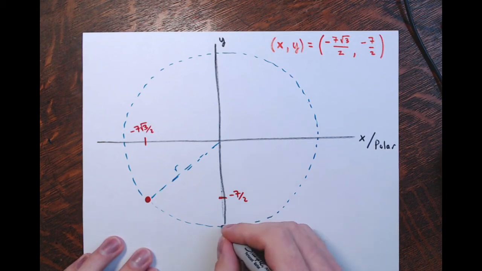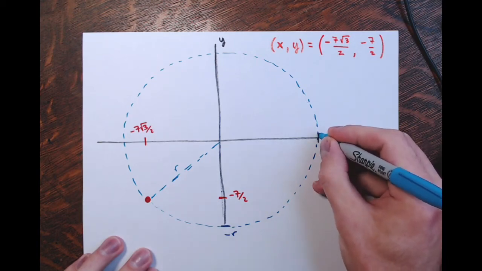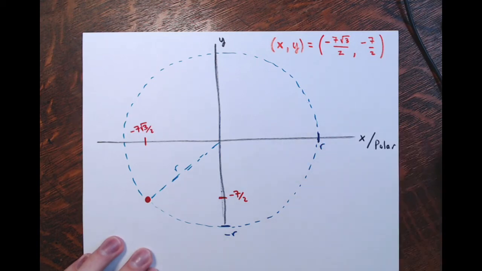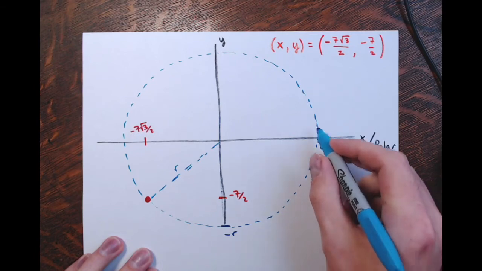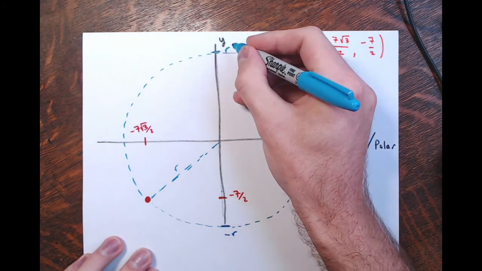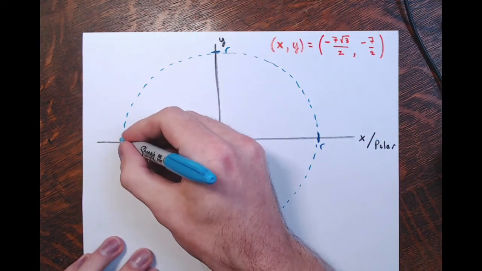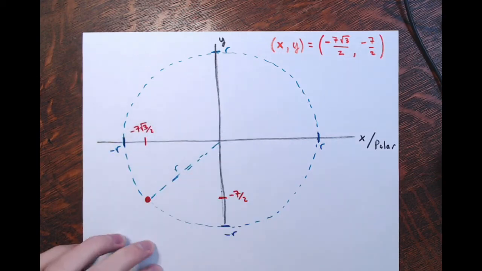So here's the negative r down here. It's going to be some negative value r on the vertical axis, the positive r on this polar axis, positive r up here, and the opposite of r over here, right? Negative r.